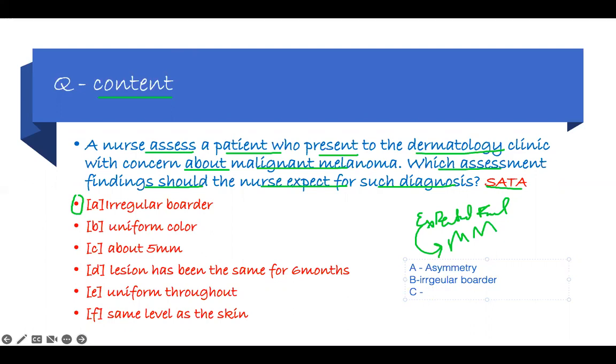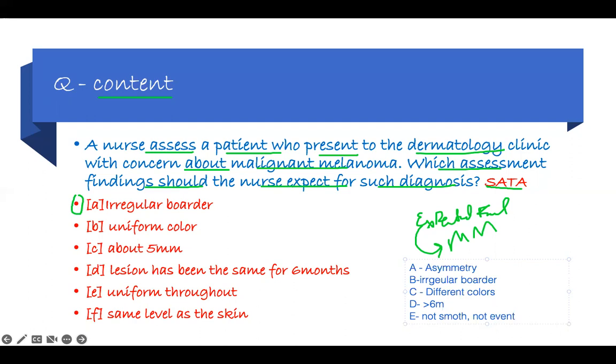C, the color is not the same, different colors. D, the diameter is greater than 6 millimeters. And E is the evolving shape. The whole thing is not smooth.